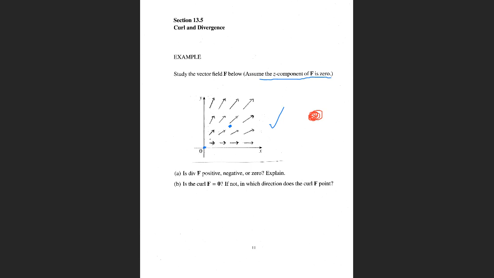But it appears from the picture that the vector field is irrotational, because an object in the field isn't going to rotate around and around. So that might lead us to believe that the curl of the vector field might equal 0. Now the divergence, well, we'll figure that out.